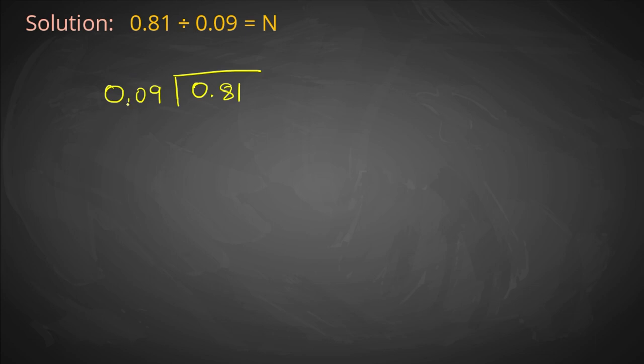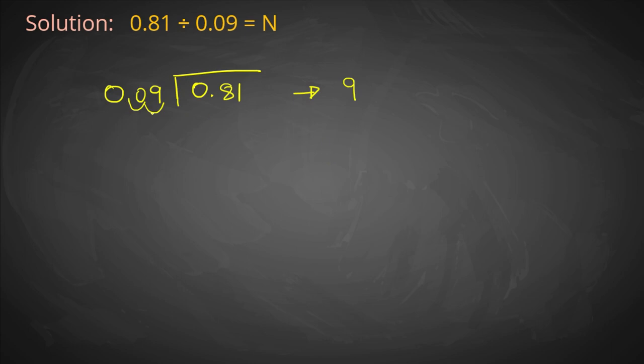Paano gagawin yon? I-move natin yung decimal point sa dulo hanggang siya ay maging whole number. Halimbawa, ito, ilang moves to? We have 1, 2. So, magiging whole number na siya. Andito yung decimal point niyan sa dulo. So, yung 9 hundredths, nag-move tayo ng dalawang decimal point, magiging whole number 9.